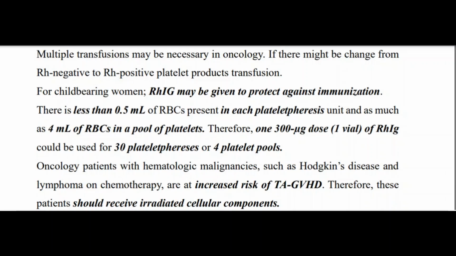In case 30 platelet units have been transfused, 30 units of apheresis, it is very important to give at least one vial of rhesus immunoglobulin in order to stop any possible immunization, because those units can contain minute amounts of RBC, which can accumulate and then trigger immunization in that patient, especially those who are rhesus negative.